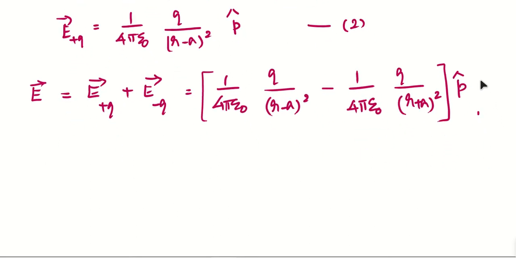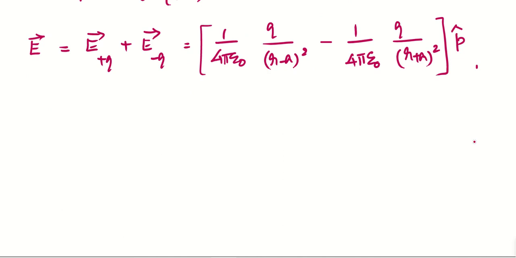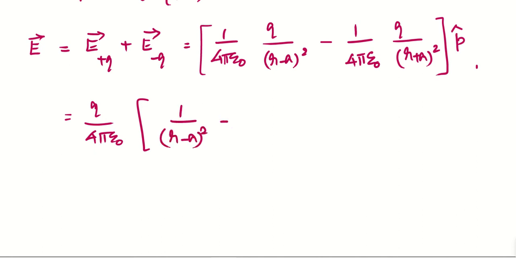Now let us take the common terms out: q divided by 4 pi epsilon naught, and we can write 1 by r minus a whole squared minus 1 by r plus a whole squared. And we have the unit vector here.